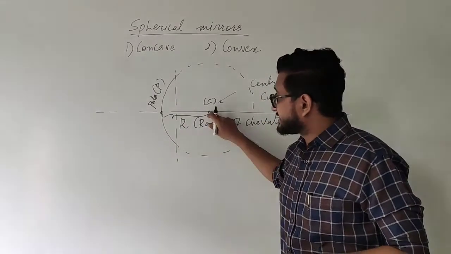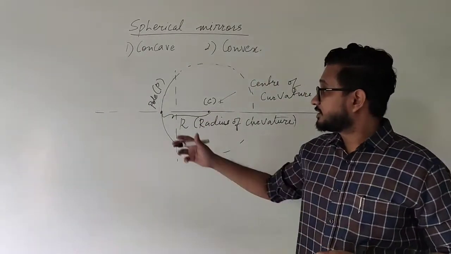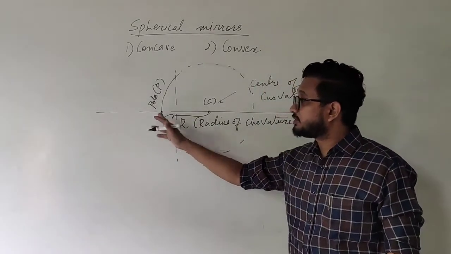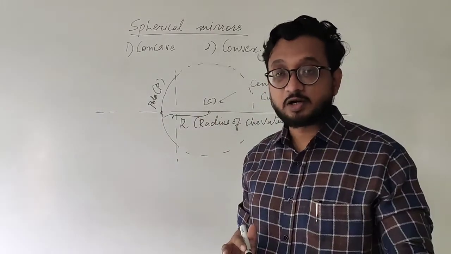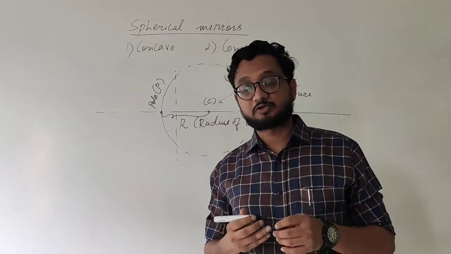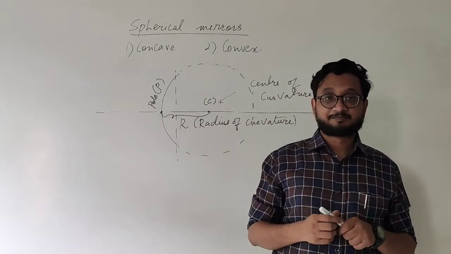The center of the whole sphere is called the center of curvature. The center of the mirror is called the pole, and the distance between the pole and the center of curvature is called the radius of curvature. I hope it is clear to you, students. If you have any questions, you can ask in the comment section.